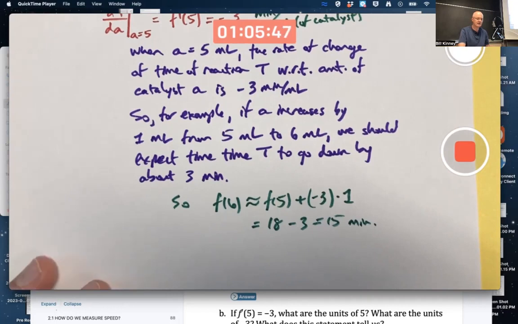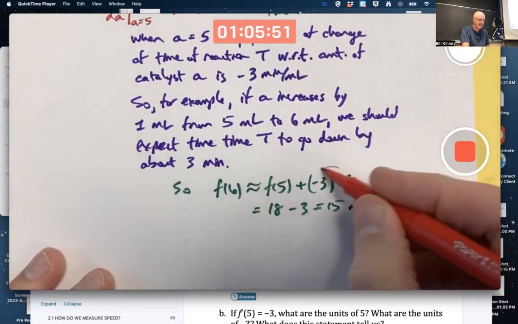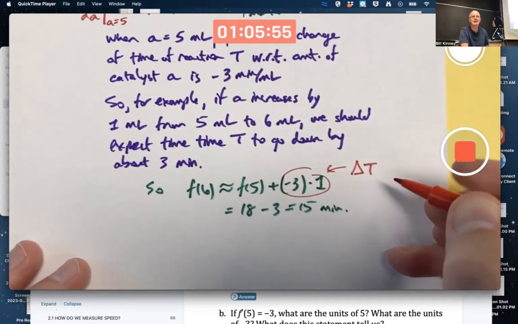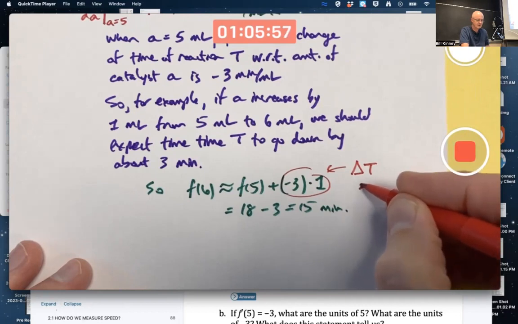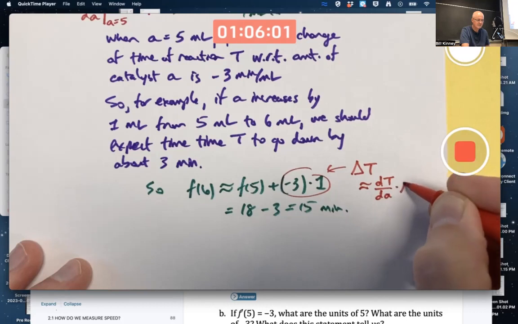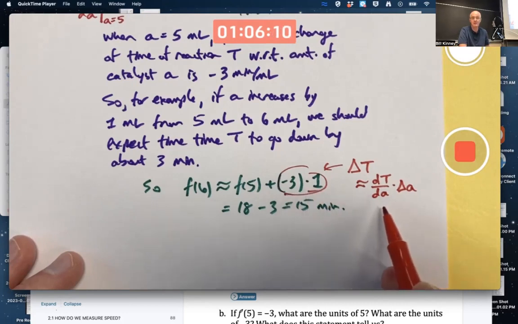What I'm using there is the fact that the change in T, delta T, is approximately the rate of change of T with respect to a times the change in a, delta a. That's what this thing represents. dT/dA, the derivative of T with respect to a, is the -3.